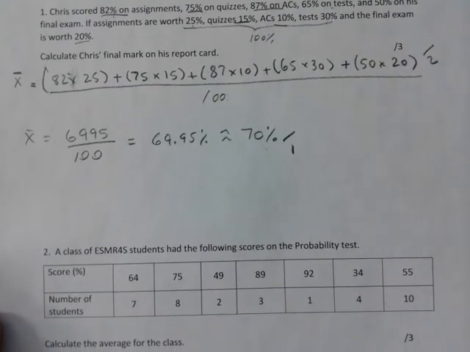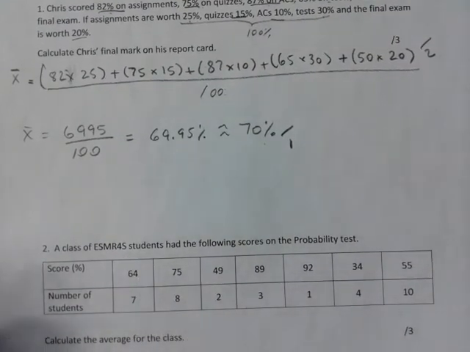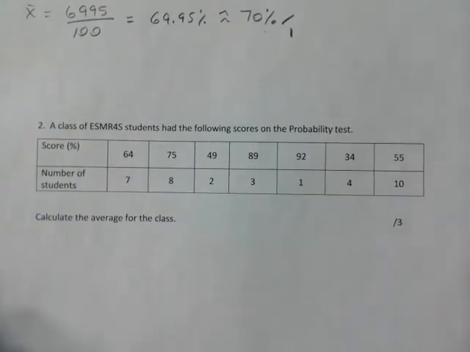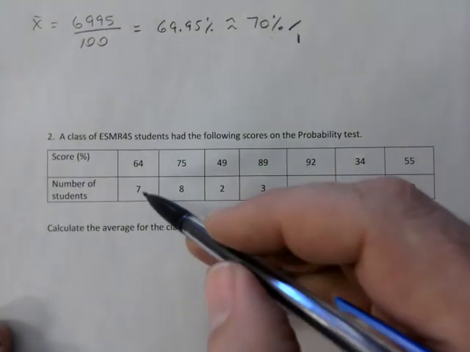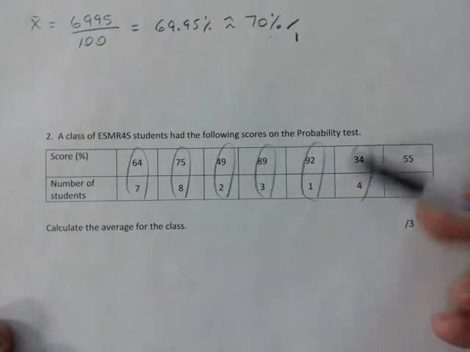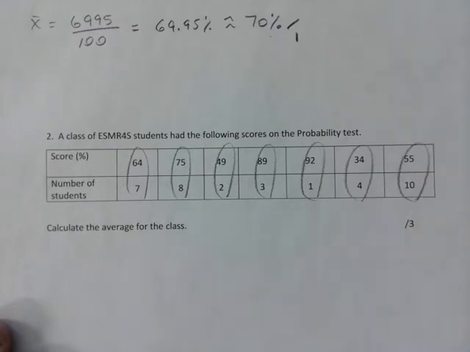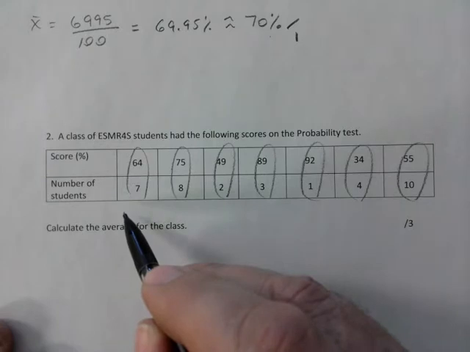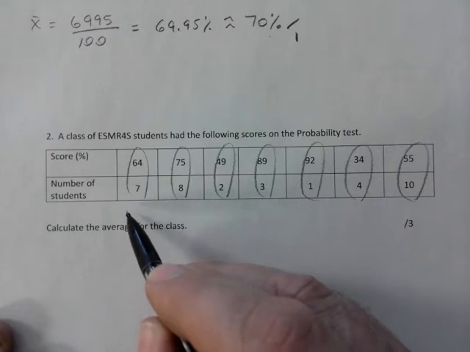Then a class of ESMR4S, that's essential 40S, had the following scores on the probability test. And so you would multiply across like this, okay? And regardless of how you did it, maybe I don't have those numbers individually.